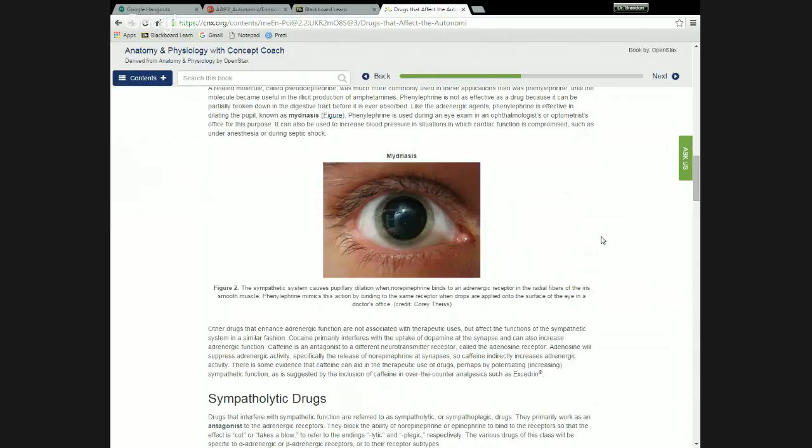Bella means beautiful. Donna, anybody know what Donna means? Anybody seen The Godfather? What did they call The Godfather? The Don. That's the male version of it. Donna is female. So what do you think Don was referring to?